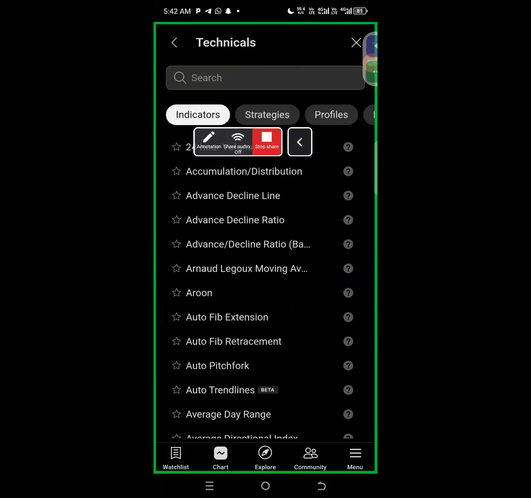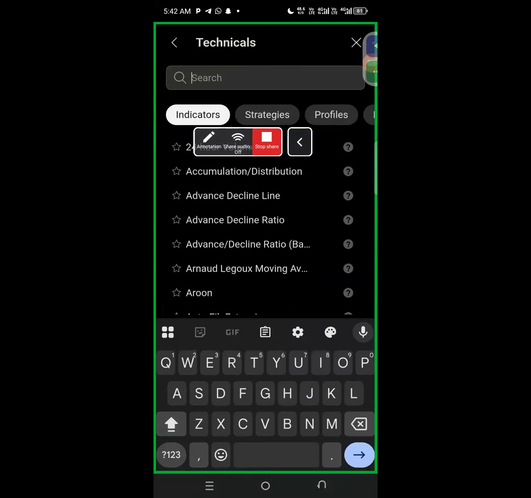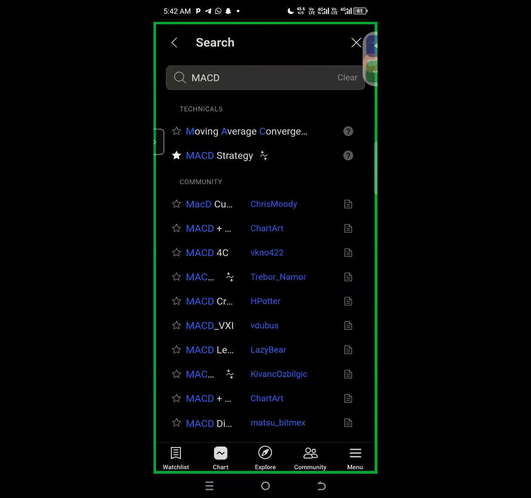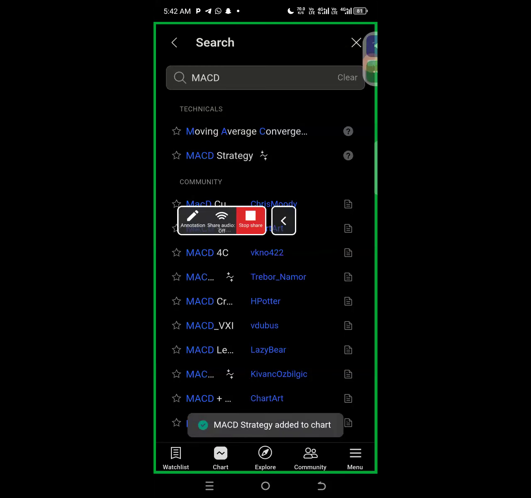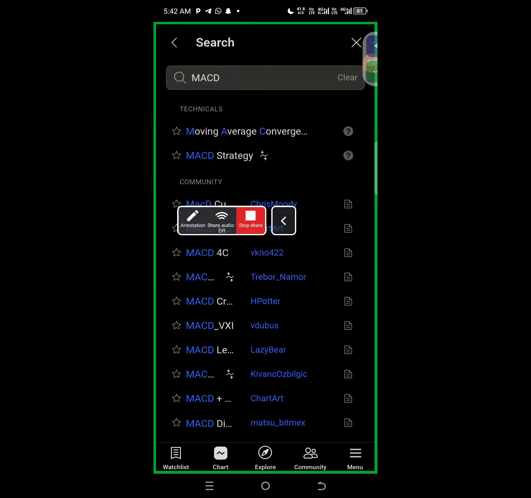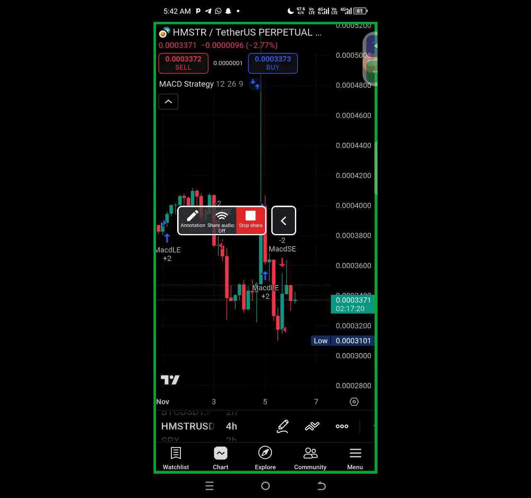Then search for MACD. When you search for MACD, just tap on it. I've already added it. Once you tap on it, it will appear. If you are able to search for MACD and then you tap on it, that is all. Let's go back to the chart.